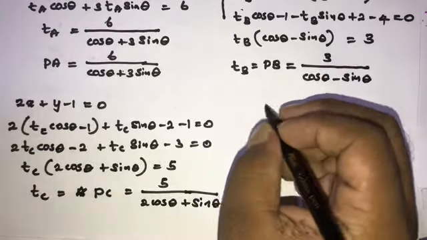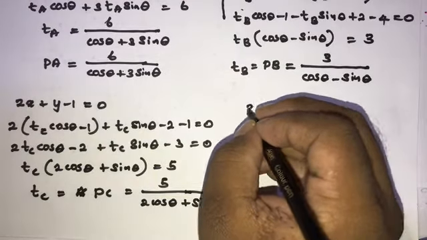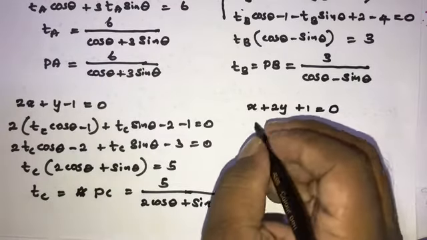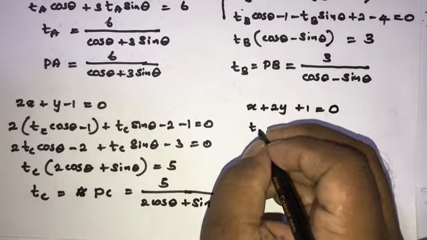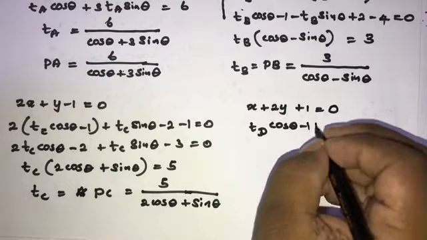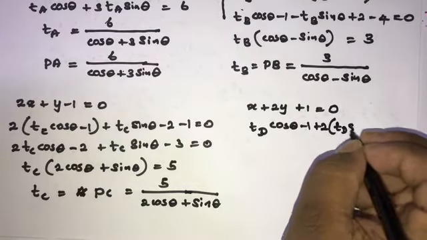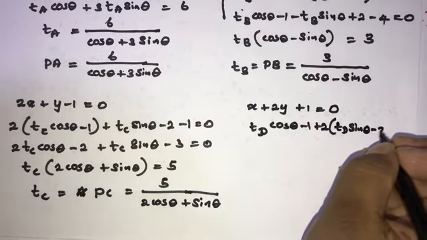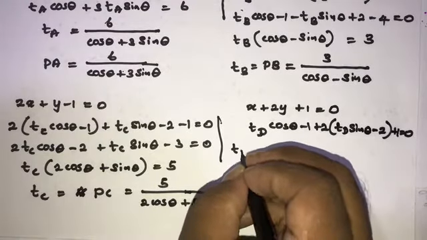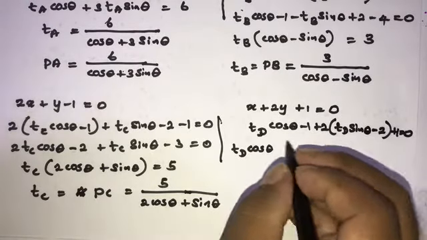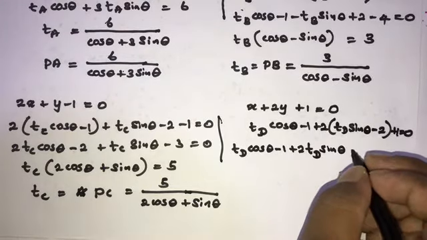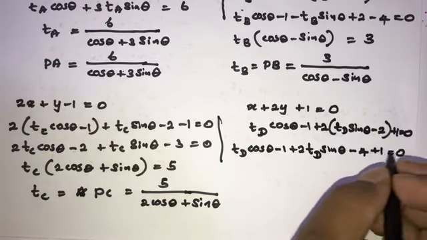Okay, our next equation and last equation of the line. So x plus 2 times y plus 1 is equal to 0. So we can write td times cosine of theta minus 1 plus 2 times td sine theta minus 2 plus 1 is equal to 0. So now we can write td cosine of theta minus 1 plus 2 times td sine of theta minus 4 plus 1 is equal to 0.